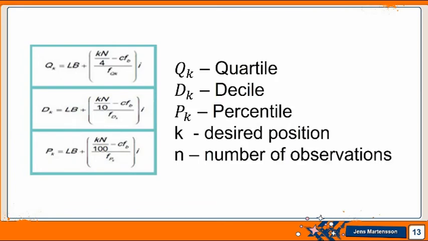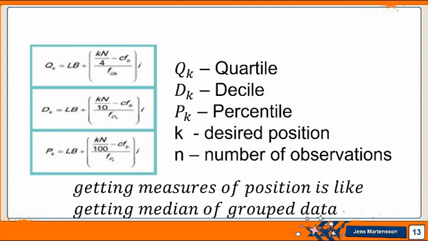Wherein Q of K stands for quartile, D of K stands for decile, P of K stands for percentile, and K is for the desired position, N is for the number of observations, and for the rest of the formula that you will be using is from the median of the grouped data.